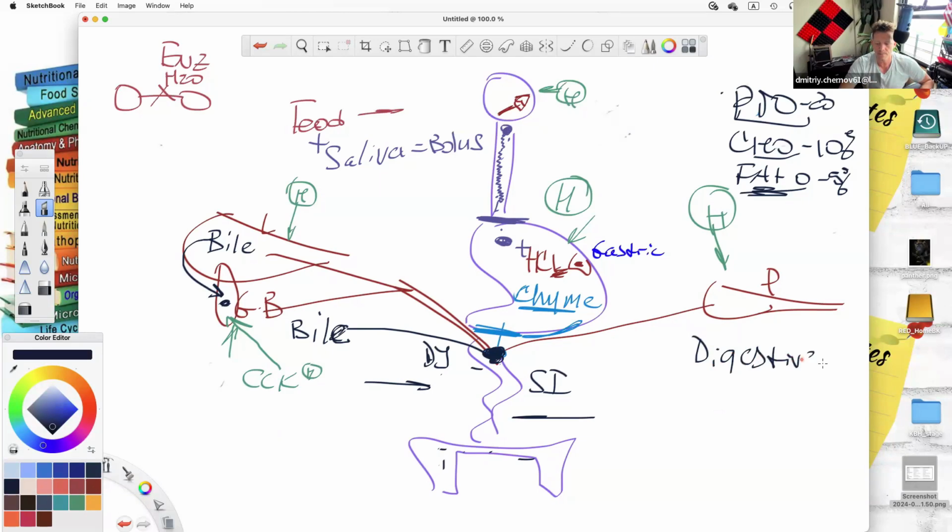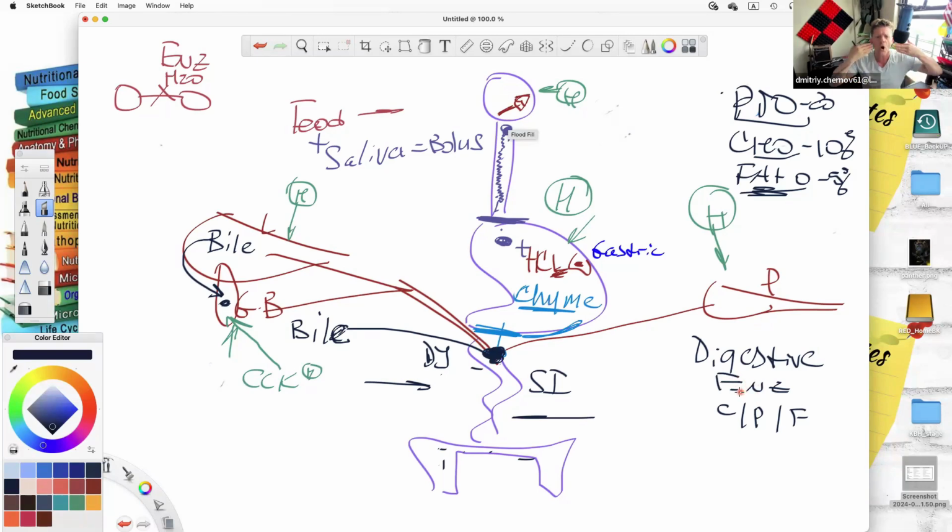Digestive enzymes to digest carbohydrates, proteins, and fats. The oral cavity releases digestive enzymes for carbohydrates, proteins, and fats. The stomach releases digestive enzymes for carbohydrates, proteins, and fats. And the pancreas releases them too. But just because the small intestine is the major site for digestion and absorption, these are the enzymes we're mostly going to concentrate on.